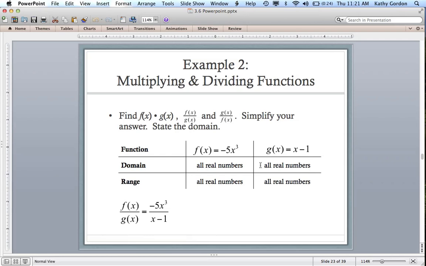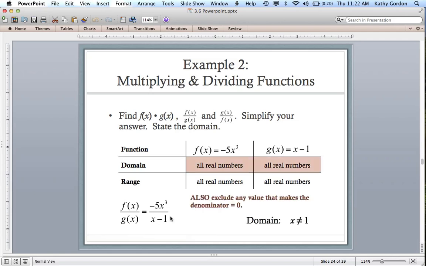But when it comes to finding the domain, not only do I have to compare the two domains that I have here, but I also have to consider the fact that I have a variable in the denominator. And we know that with rational expressions like this, we cannot have a 0 in the denominator, which means I cannot use an x value that would ultimately make my denominator be equal to 0.